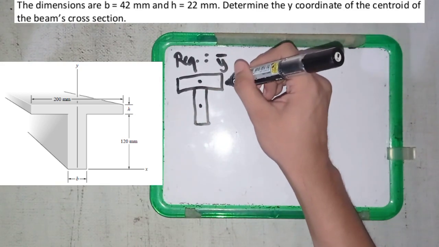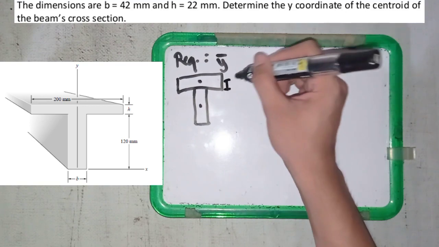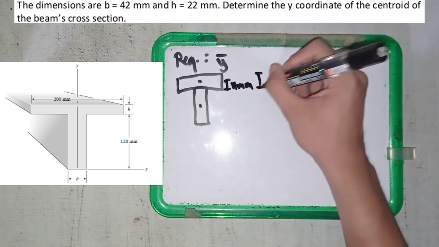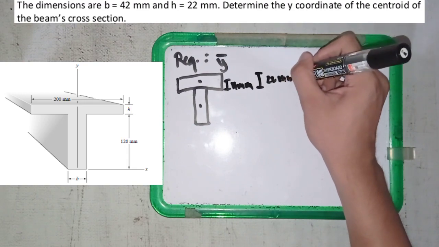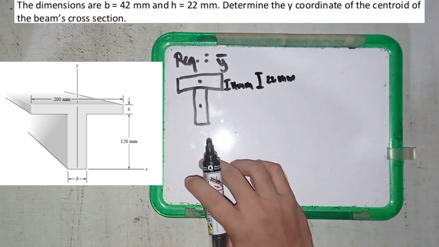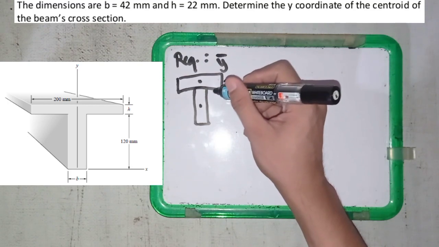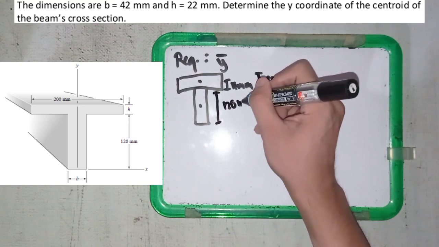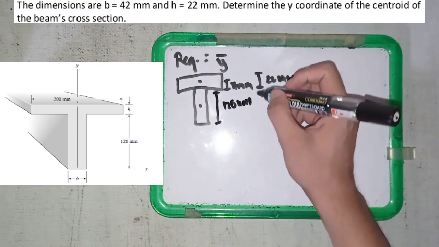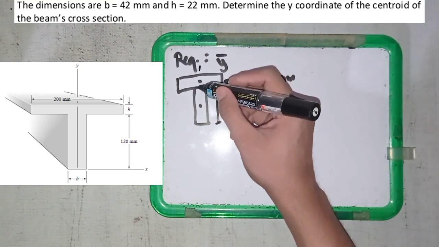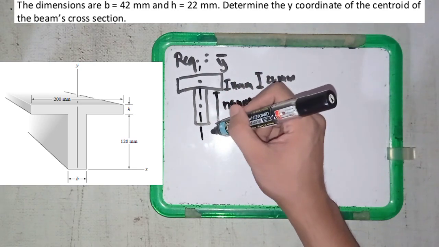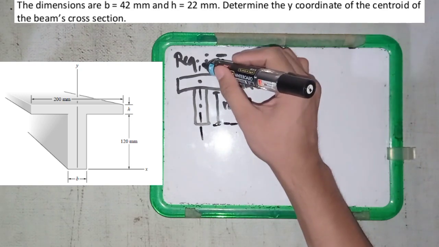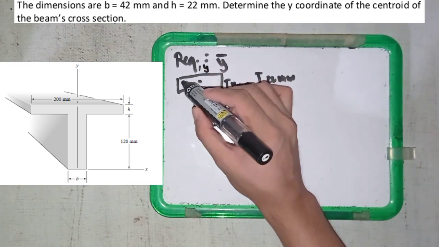Here this is 11 millimeters, half of the 22 millimeters, and the height here is 120 millimeters, and this is in terms of y, and this is in terms of x.